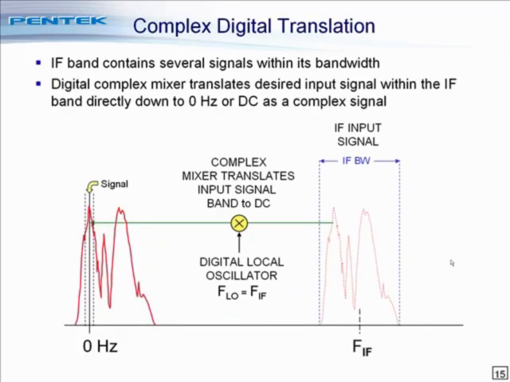But because it's a complex signal, we preserve the negative and the positive frequencies that are centered at 0 Hertz and get a full representation of the signal that previously was centered at a higher IF frequency.